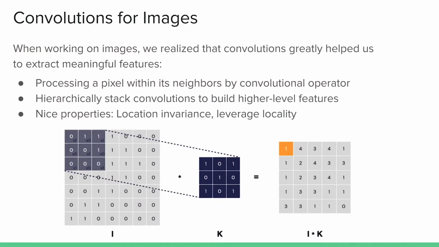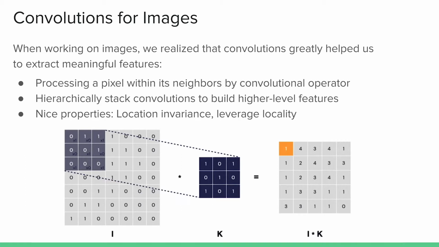So what we did back then is we came up with the idea of a convolutional operation. Instead of connecting everything in our input to everything in the next layer, we only look at a small patch.